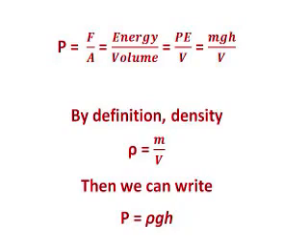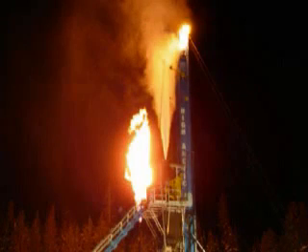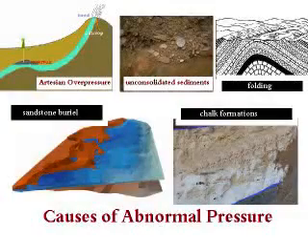So now we get pressure equals rho gh, where g is the gravitational constant and h is the height of the water. The higher h is, the more it is going to push on the oil. This can be very dangerous when you drill into an area of abnormal pressure because it can explode out. This is a good example of artesian overpressure.